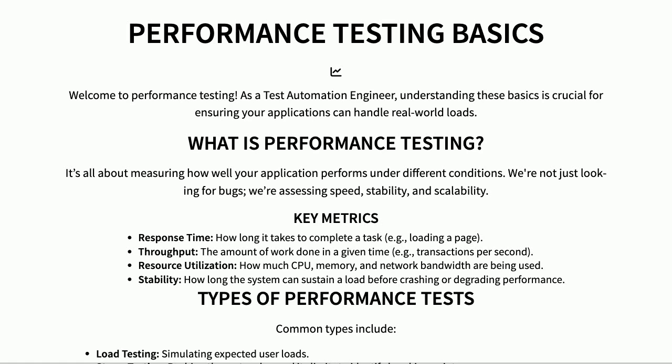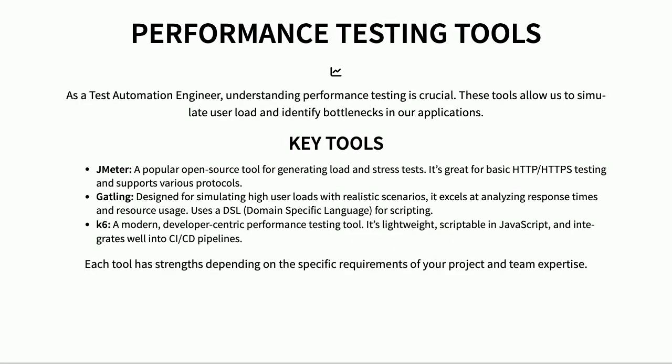Okay, let's talk about performance testing tools. As a test automation engineer, you'll often need to make sure your applications can handle lots of users at once without slowing down or crashing. We have some fantastic options available. First up, there's JMeter, which is a really common open source tool that lets us generate load and stress tests.